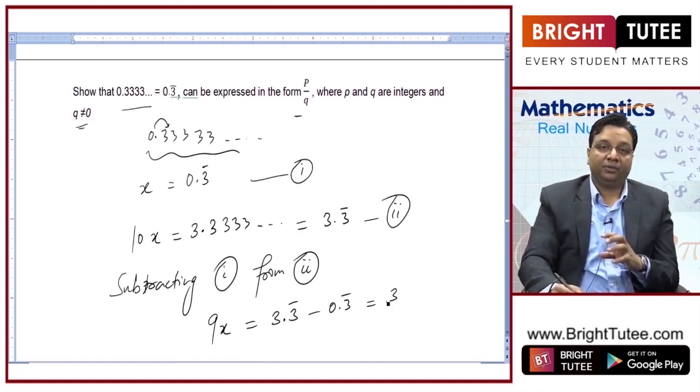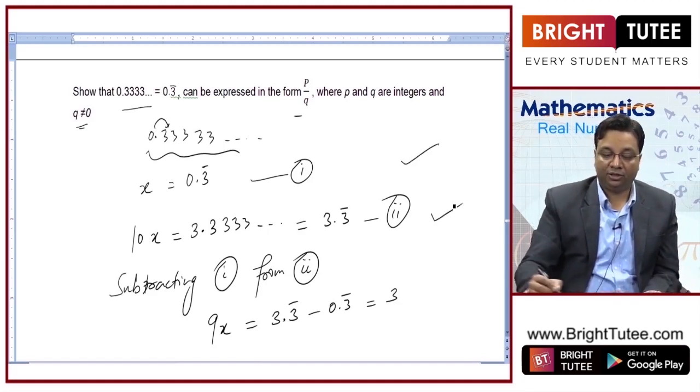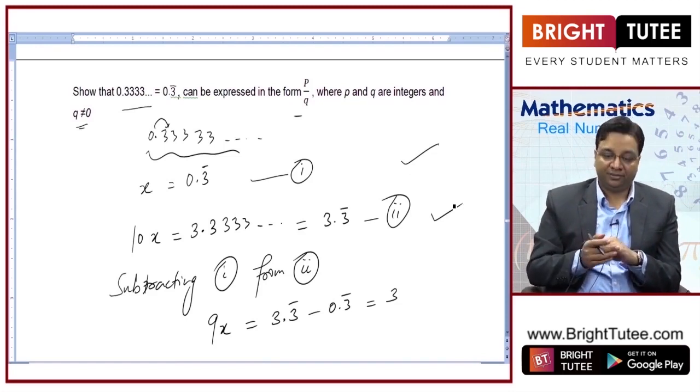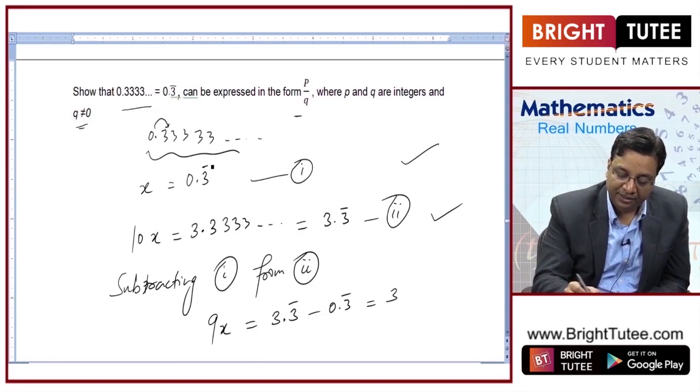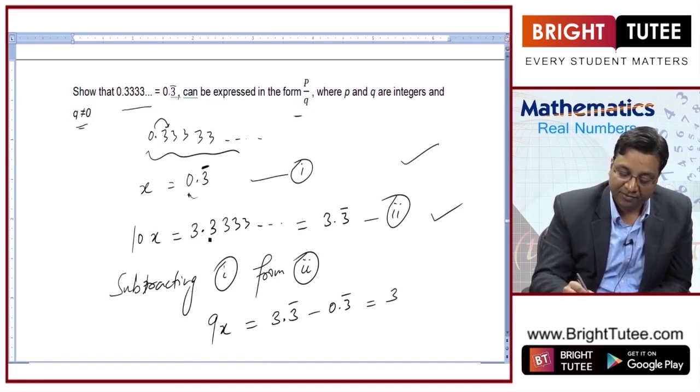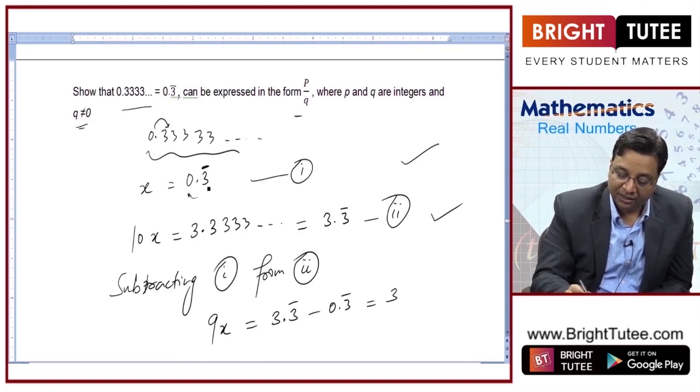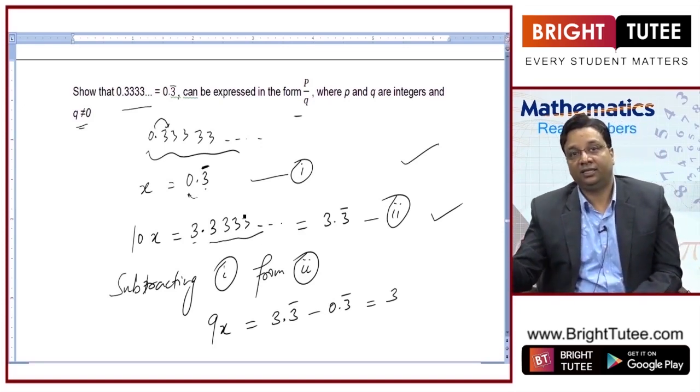Okay. The purpose of this process is to eliminate the repeating part. How can I eliminate the repeating part? By bringing the repeating part to the left hand side. What will happen in that case is, let us say only one digit is repeating, if I multiply it by 10, this digit will come to the left of this decimal and on the right I will still have these 33333 and so on.